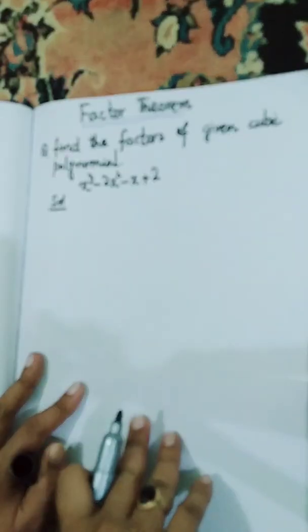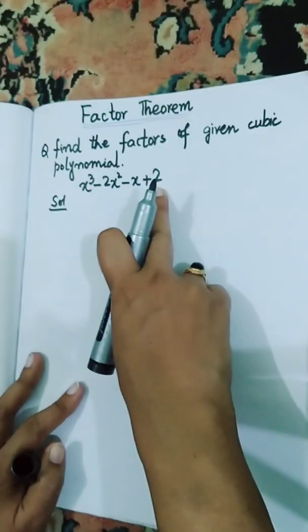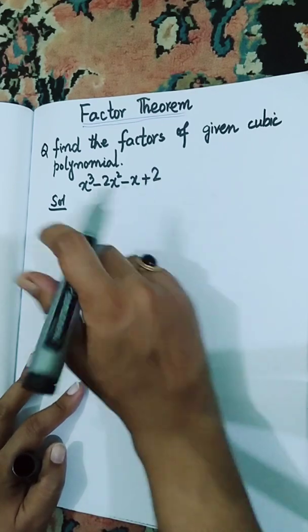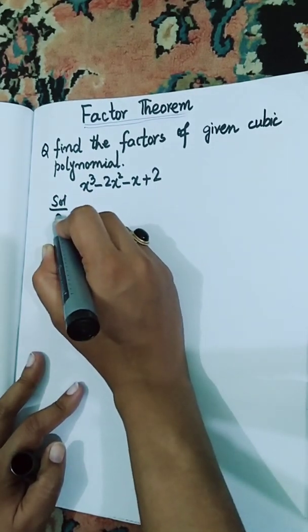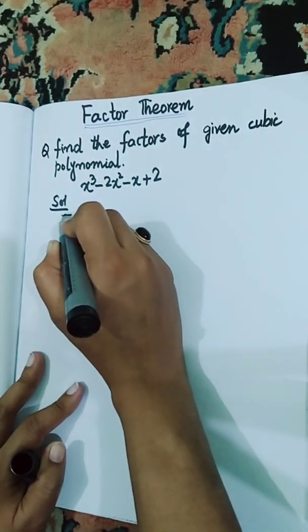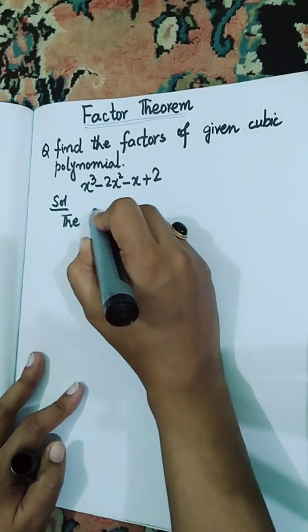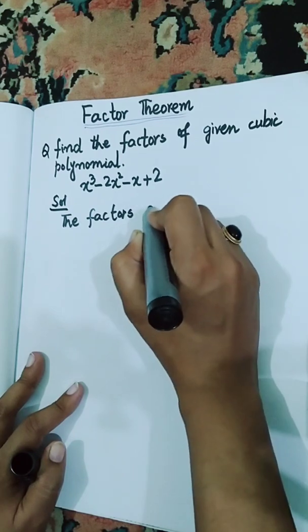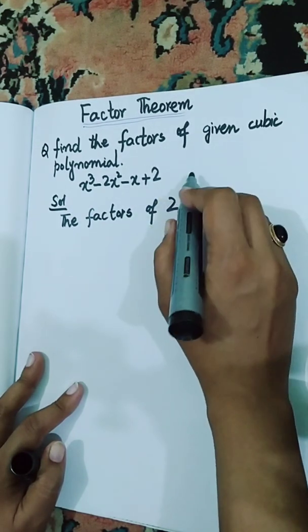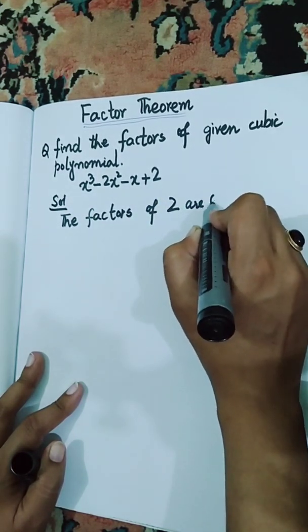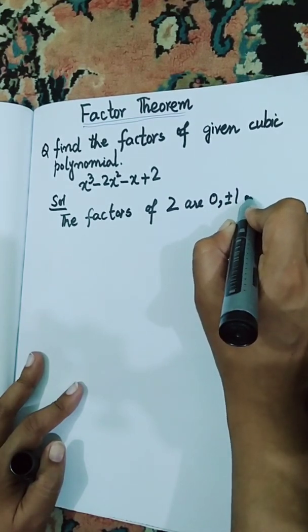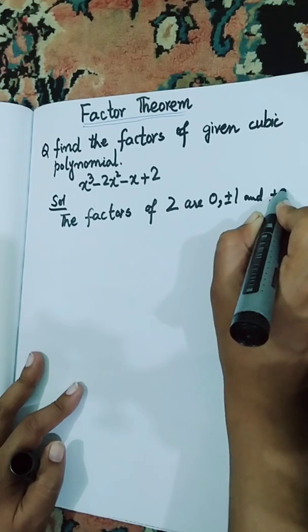Solution. As I know that this constant is 2, first I want to know the factors of this number. The factors of 2 are 0, plus minus 1 and plus minus 2.